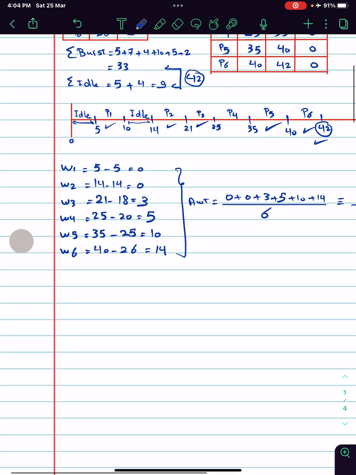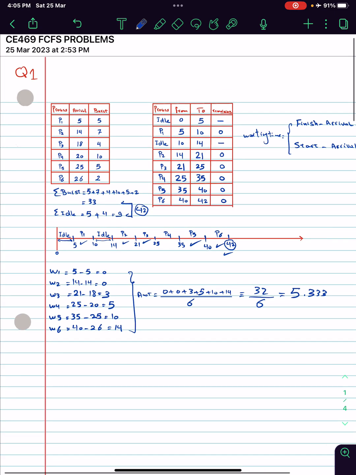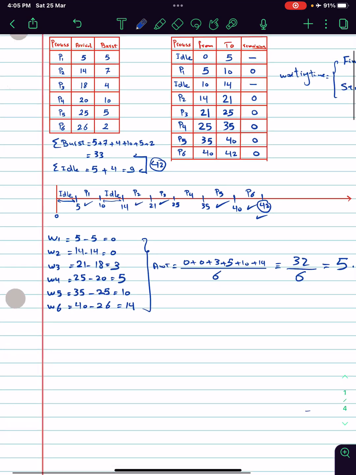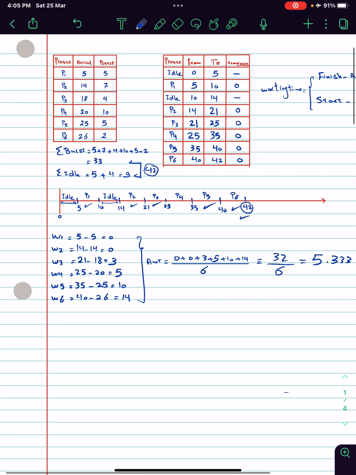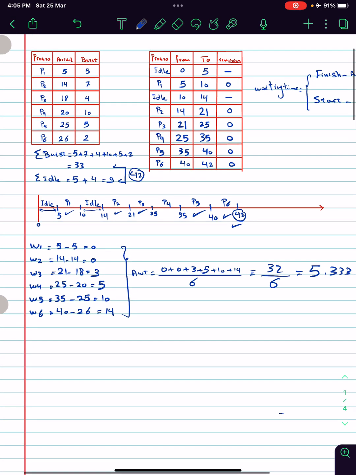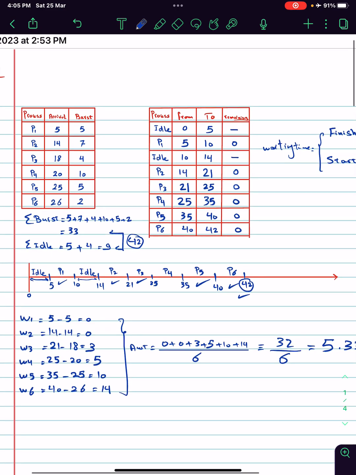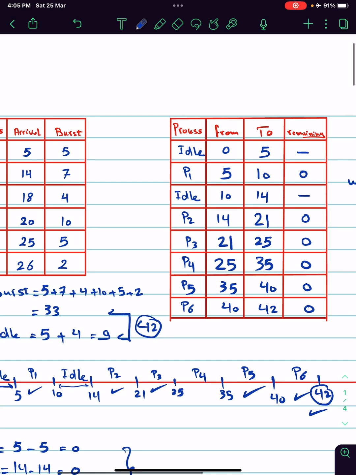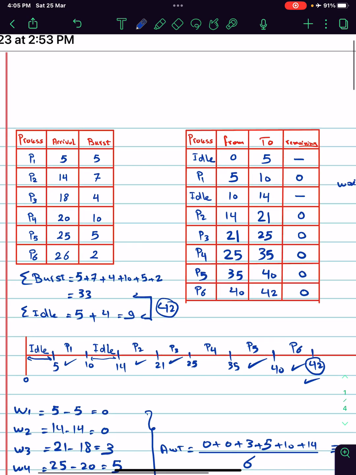Of course, I don't need to calculate the average response time because it's going to be exactly the same as this is non-preemptive. Okay. All right. You can also calculate now the turnaround time. The turnaround time for every process is going to be the finish minus the arrival. So as an example, for P1, it finished at time 10 and it arrived at time 5, so it's going to be a 5.